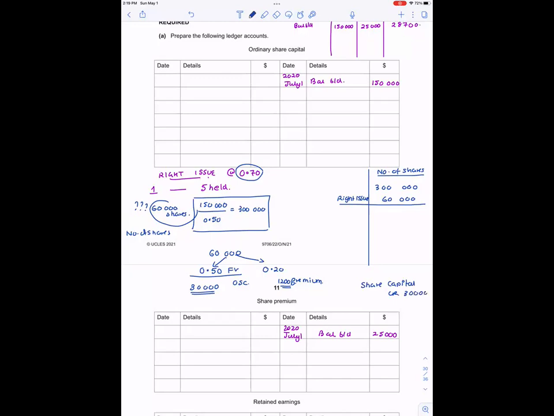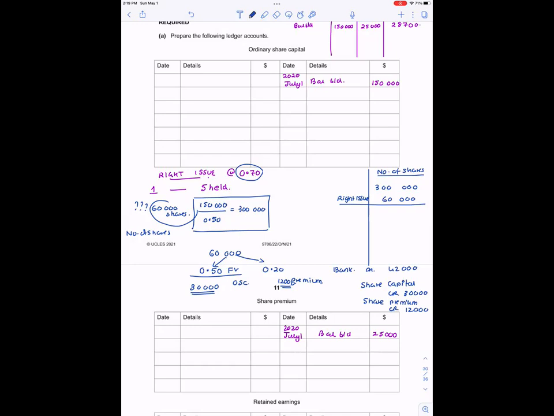Nothing more than the face value. Share capital credit, share premium credit, and money that you have received from the right issue is how much? 42,000. Are you with me?